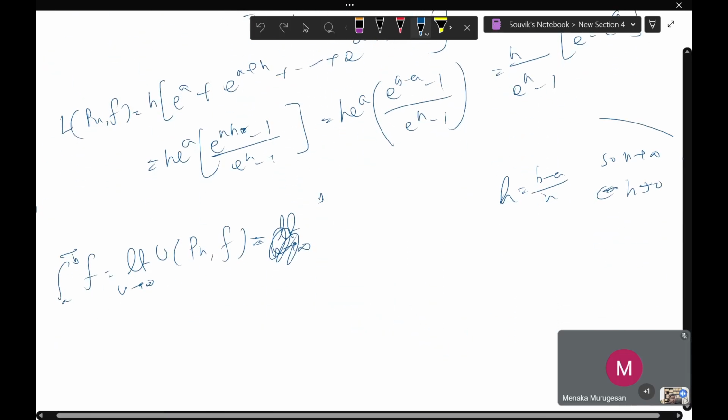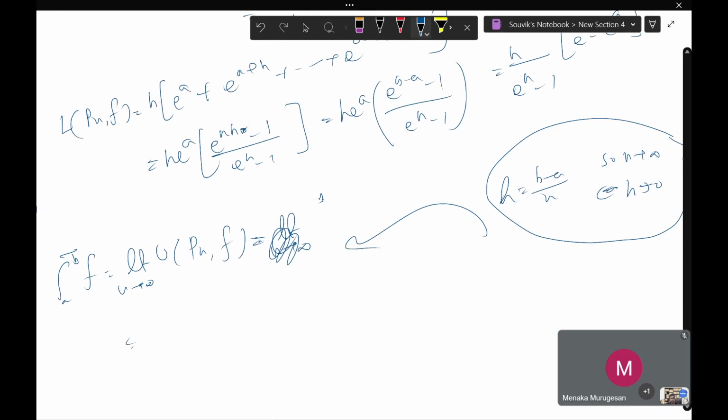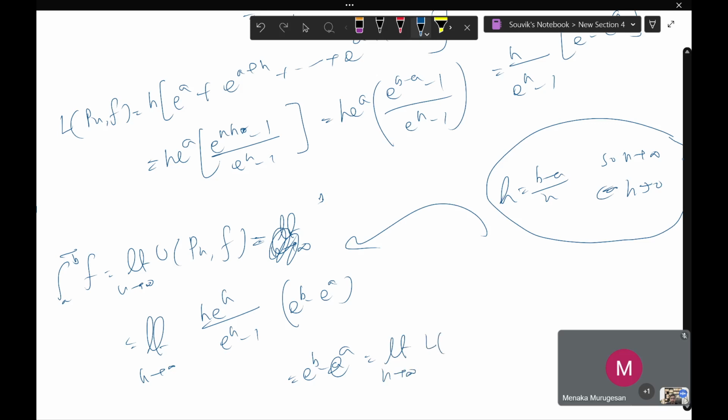So we are going to use this technique here. The limit as h goes to 0 of h e to the power h by (e to the power h minus 1) into (e to the power b minus e to the power a) is, by calculation, e to the power b minus e to the power a. And we can see that this is the same as the limit as n tending to infinity of L(Pn, f), so this is nothing but the lower integral of f.